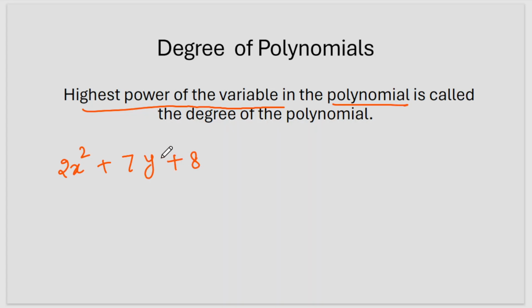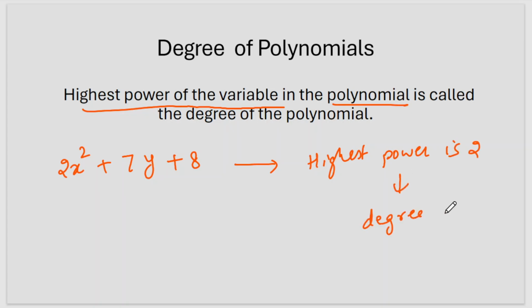We have two variables here, x and y. But what is the highest power? You can see the highest power is 2, so we can say the degree is 2. Simple. If the highest power is 3, the degree is 3.